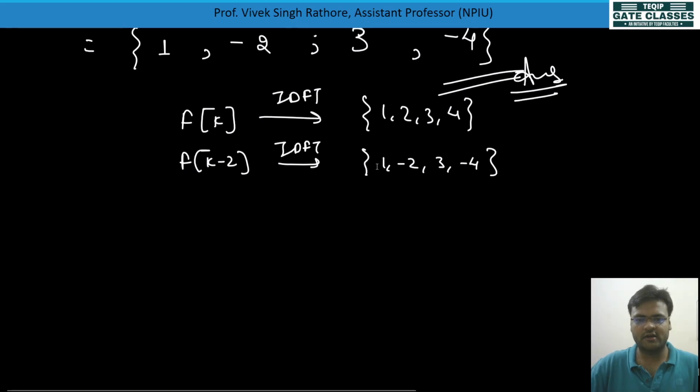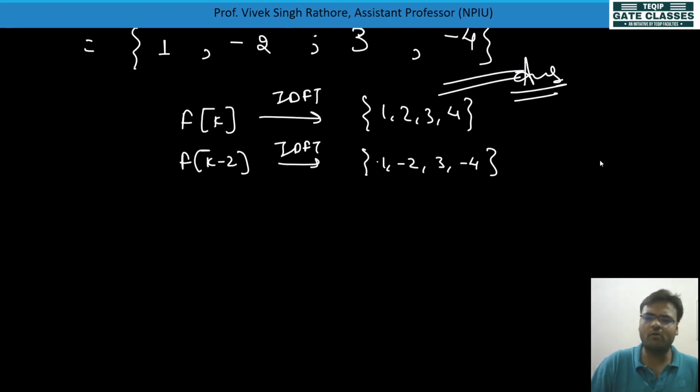See, plus 1, minus 2. You can see f of k is 1 2 3 4. The values are same only, 1 2 3 4, just this is plus 1, this is minus, then plus sign, then minus sign, like this it will go on. If I tell now 5, 6, 7, 8, like this it will go on. So if 8 samples are there, and you shift by f of k minus 4, then it will go on.